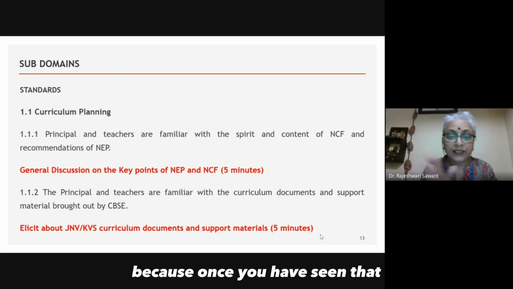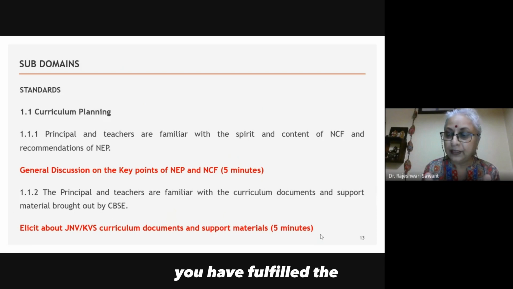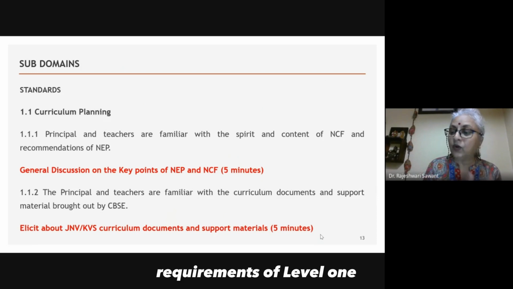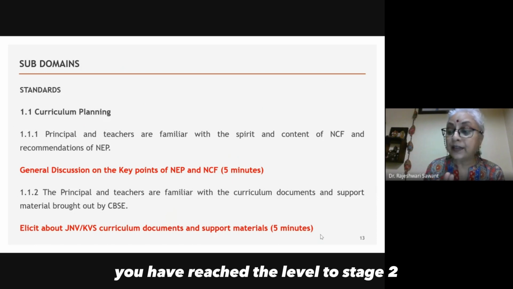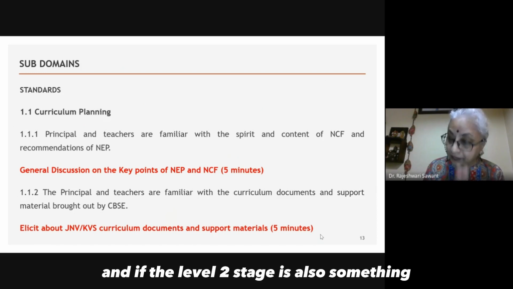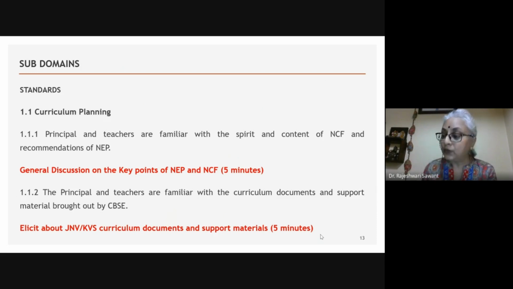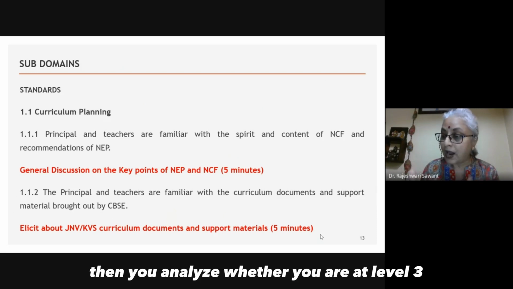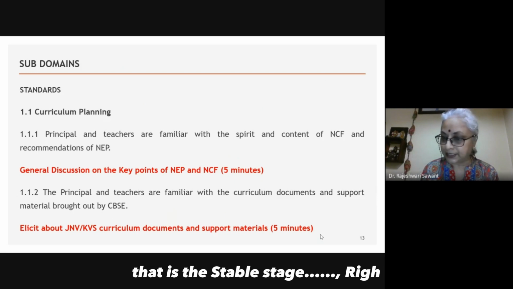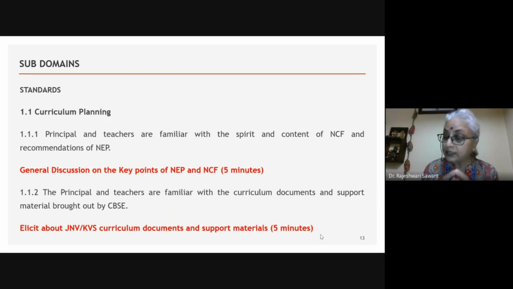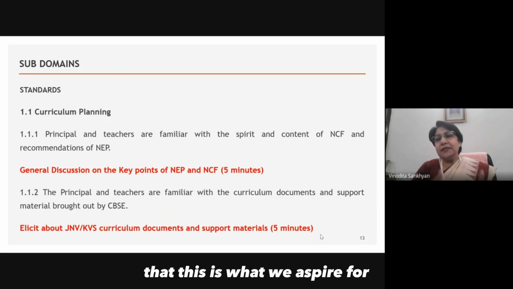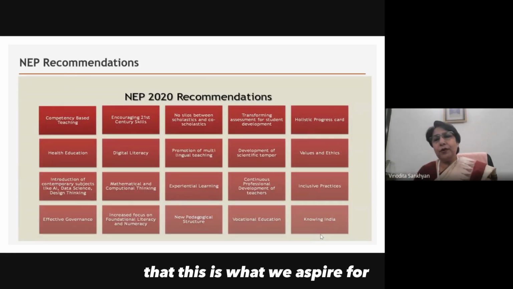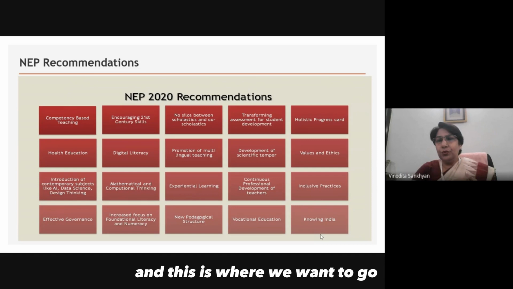Once you have seen that you have fulfilled the requirements of level 1, only then can you analyze whether you have reached the level 2 stage. And if the level 2 stage is also something which you already are well versed with, then you analyze whether you are at level 3, that is the stable stage. It's so important. And then they can move on to their aspirational stage, that this is what we aspire for and this is where we want to go.